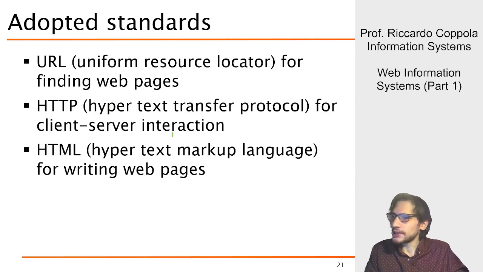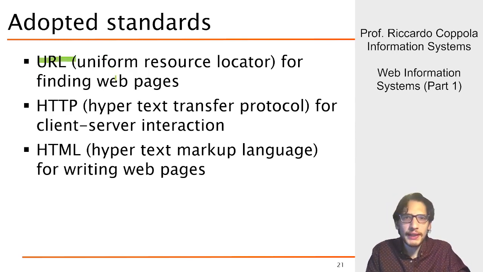Here, of course, I have listed some concepts that are very important and that are standards used in any kind of network communication. First of all, we have the URL, which are the locators that I use as addresses for the resources that I can find.